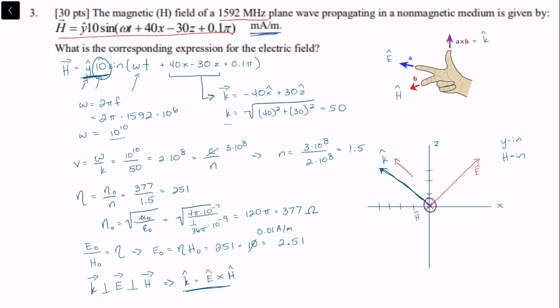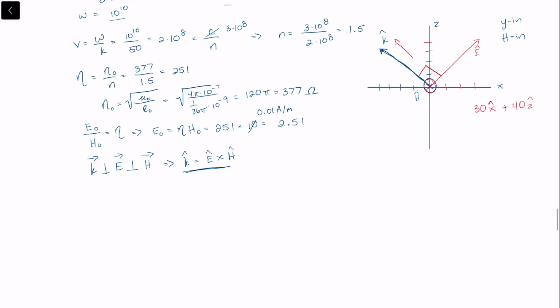How do we define that? Remember that K and E are perpendicular. That means there's a 90-degree angle between these two. That being said, that means that the electric field's direction is positive 30 x hat plus 40 z hat. So let's take everything and put it together.